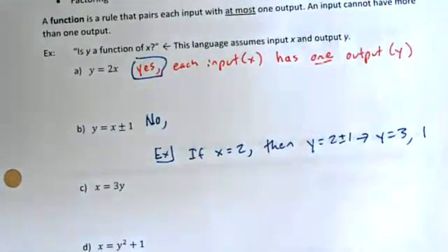I have a question for you. Is every input going to have 2 outputs for this particular rule? Can you give me an example of an input that would result in only 1 output? Or 0 outputs?